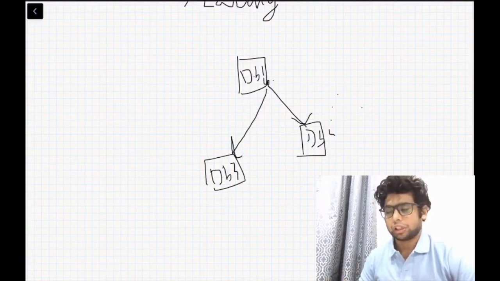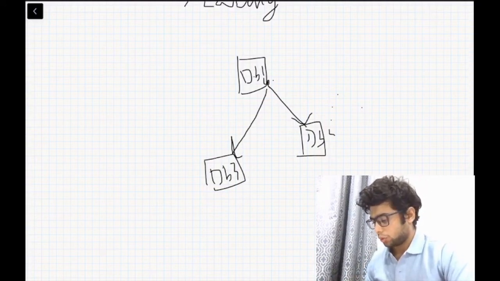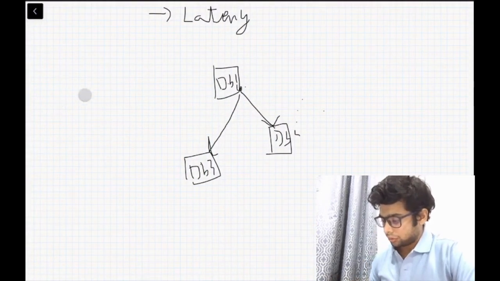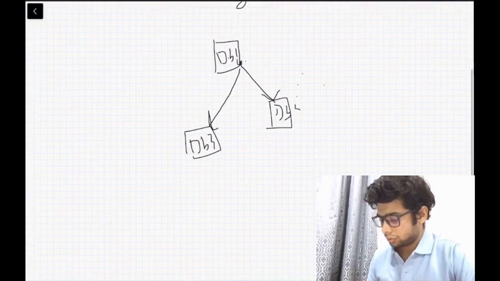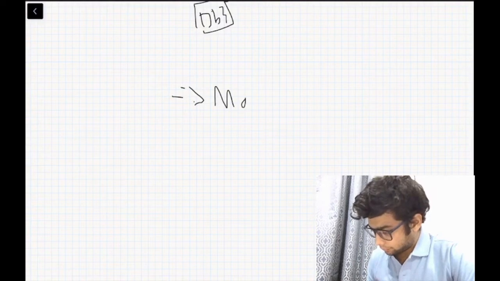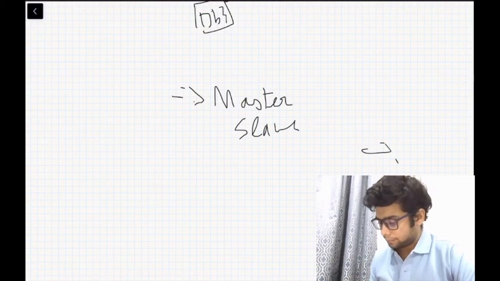So that is replication. Now there are various techniques through which we can scale our databases. So let's go over them one by one. One is master slave. Another is master master.